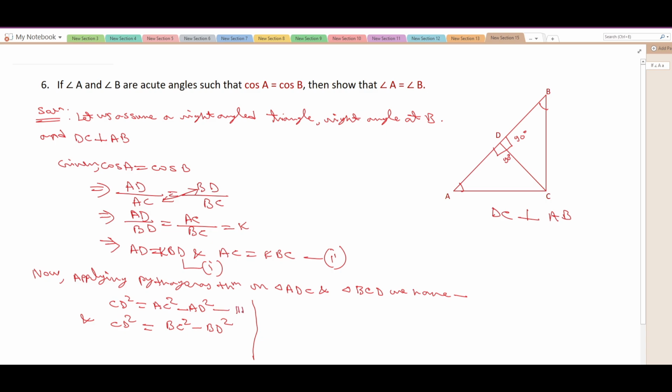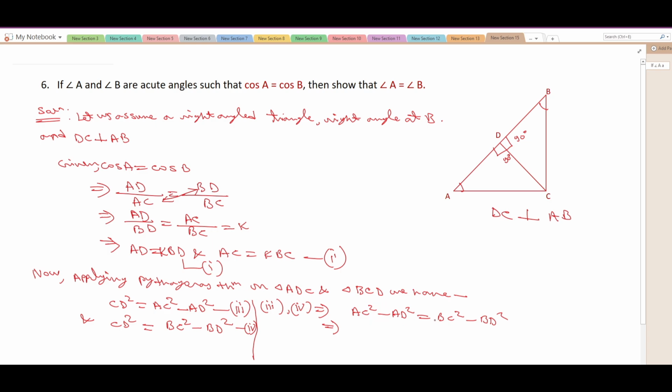This is equation 3 and this is equation 4. Now from equation 3 and equation 4 we have AC square minus AD square equals BC square minus BD square.